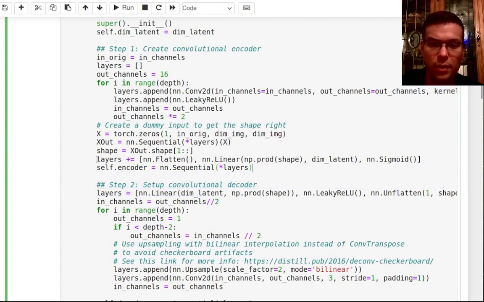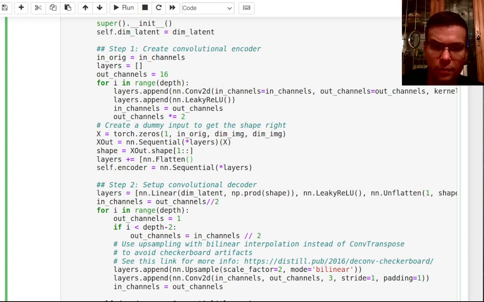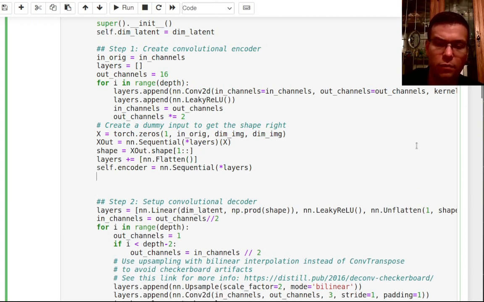I will flatten, but I'm going to wait on the linear layers. This encoder is just going to go down to 512 dimensions or whatever it is flattened before I go to the latent. And what I'll do is create a linear layer for both mu and sigma.